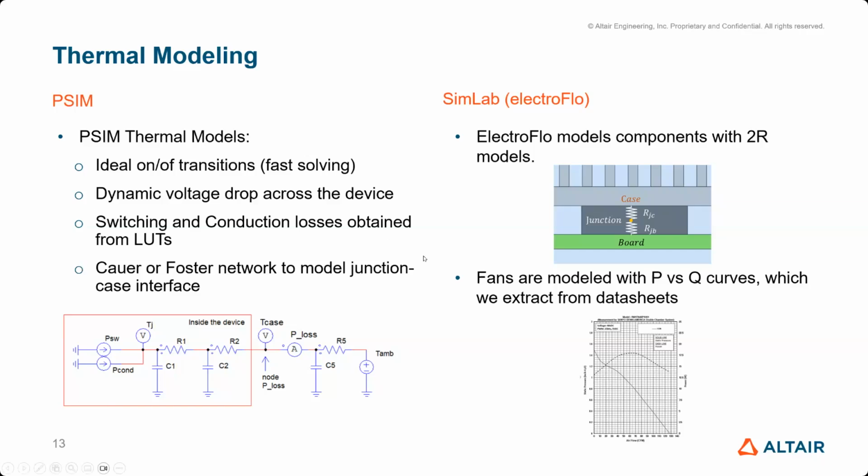For the electronics components that dissipate power, we just need a 2R component, which we can quickly obtain from what's inside PSIM. And regarding cooling solutions, the only thing we really need to care about is how we model the fans. The most effective way of modeling fans is by using the PQ curves, which we can find on data sheets. Other than that, we just really care about assigning the right materials to the right bodies and making sure that everything makes sense on that end, right?